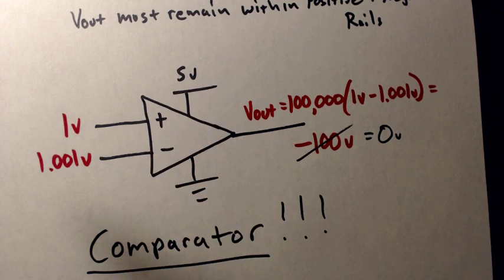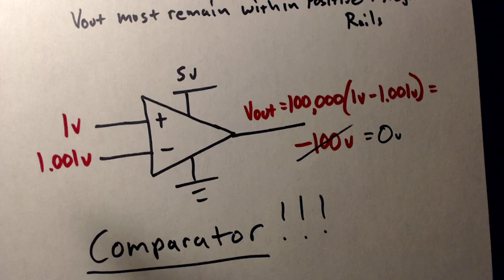So this op amp in its open loop configuration is the most basic useful circuit that you can make in the open loop configuration, and I don't know what the other open loop configuration circuits might look like.